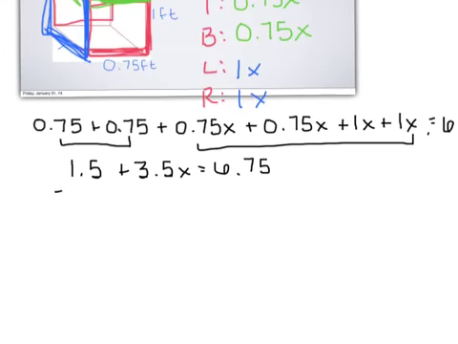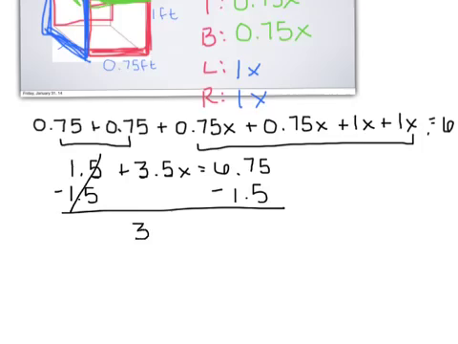So now I'm going to subtract the 1.5. Make this 3.5x equals 5.25. And then divide by the 3.5.